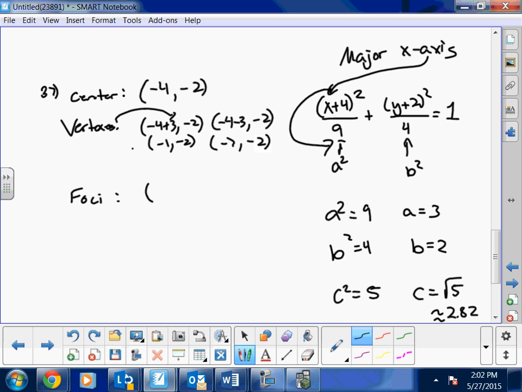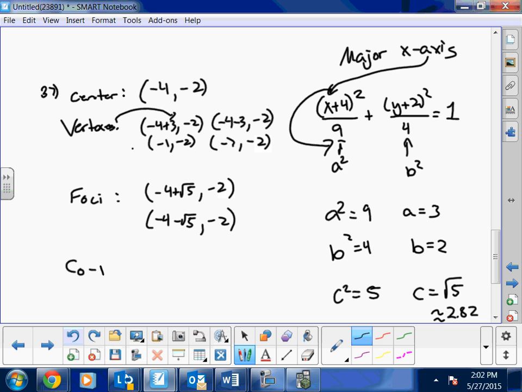Now the reason why I'm using the x is because of the major axis. I'm going to do -4 plus the square root of 5. Oh, hold on, I don't want to do that. Which is going to be at, and the other point is, let's see, what was the point? -2. And my other foci is going to be -4 minus the square root of 5, -2.